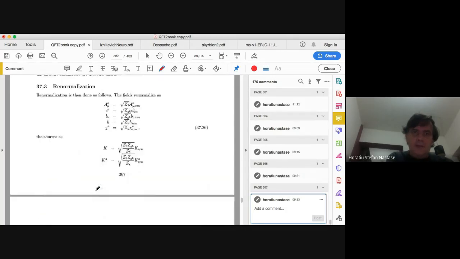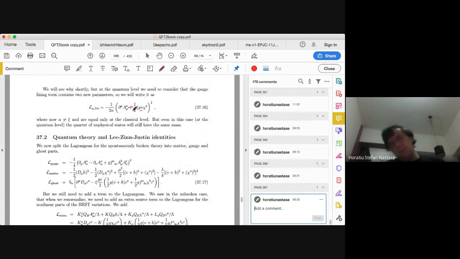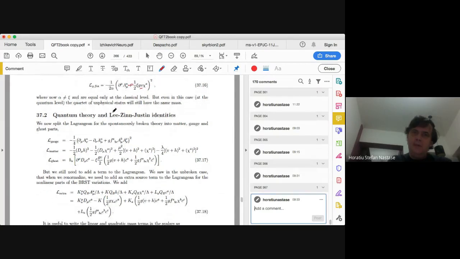Well, let's look at the gauge fixing term. The gauge fixing term has the usual component, which is minus 1 over 2 alpha (dμ Aμ) squared. Okay, so we know that this thing should not renormalize from the unbroken theory, which means that the renormalization of alpha is equal to the renormalization of A squared.